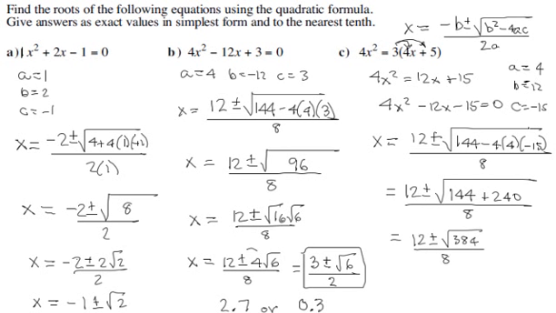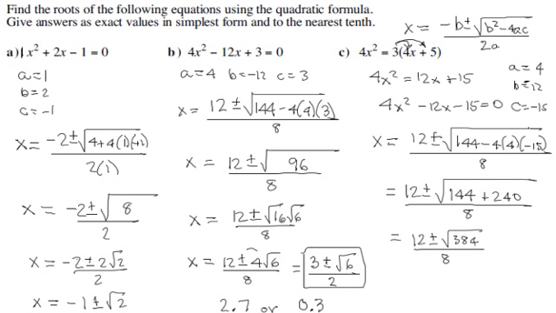Now, does 384 have a nice square root? It doesn't have a nice square root, but it must contain one. Let's see, I'm just kind of doing trial and error here. 15 squared is 225. I can see that won't work. 14 squared is 196. That doesn't do it. 13 squared is 169.